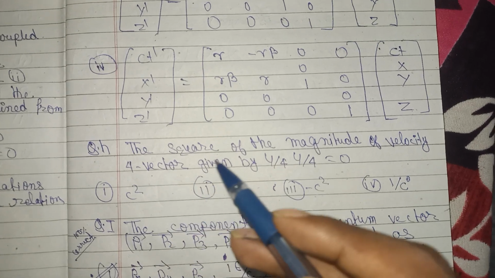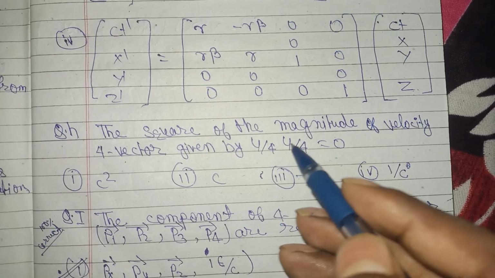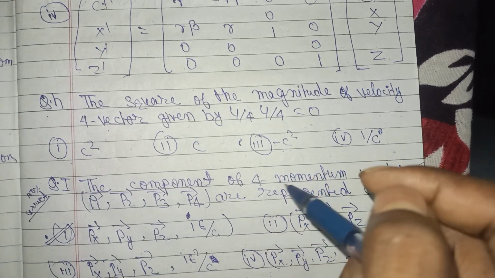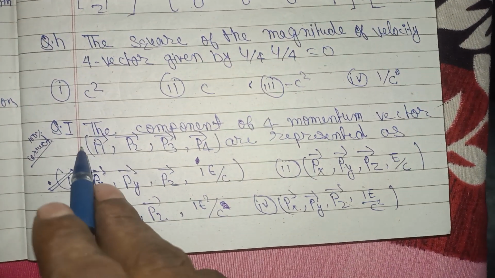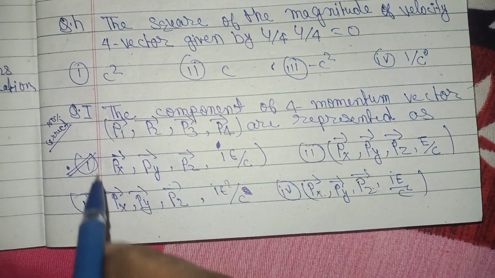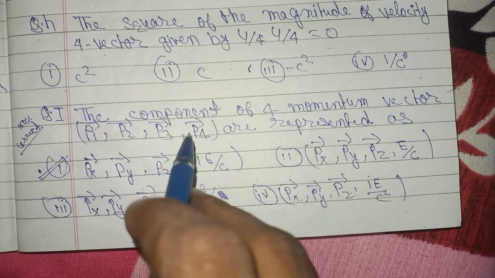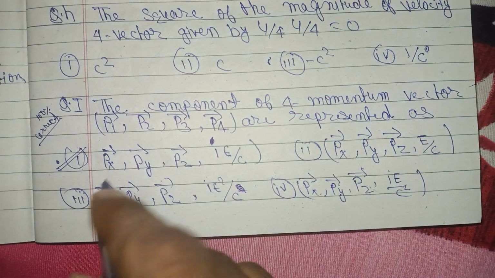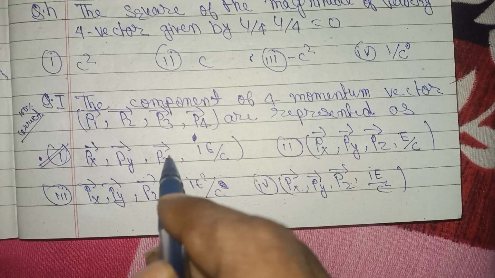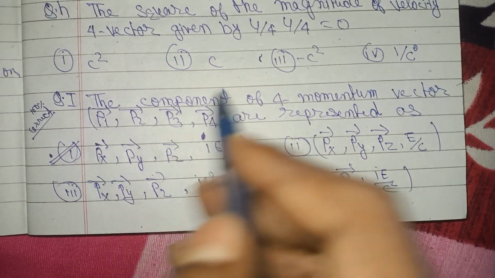Question number 8, the square of the magnitude of the velocity four-vector given by mu equals 4 equals 0, so the correct answer is minus c square. And question number 9, the correct component of the 4 momentum vector is, so p1 vector plus p2 vector plus p3 vector plus p4 are represented as px vector, py vector, pz vector, iE upon c, option A is correct.